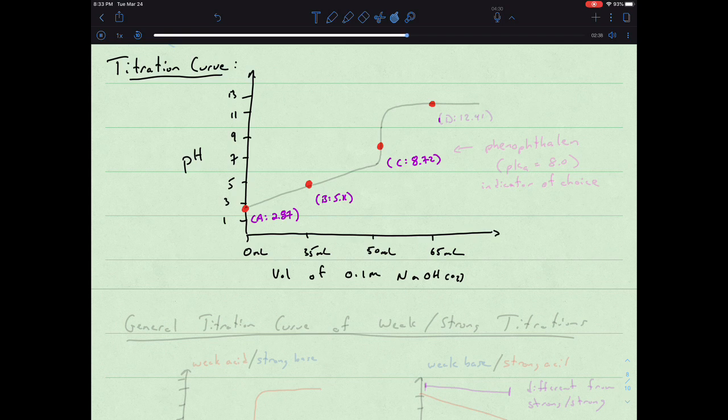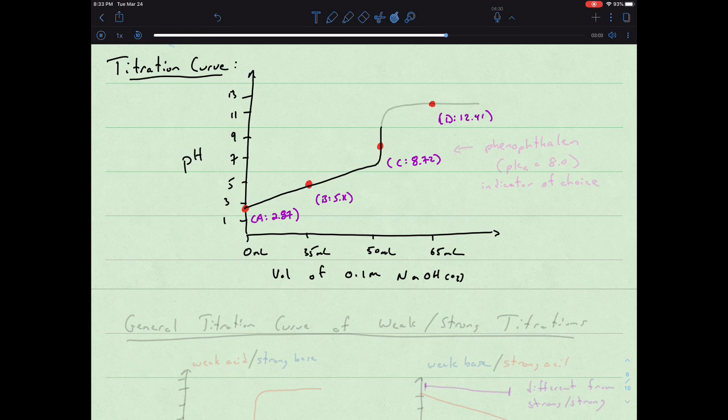So those are the 4 data points, and when we connect them, again, there's always this type of S-curve right around the equivalence point. So we kind of come up, and then we see this really steep, vertical increase right around that equivalence point.